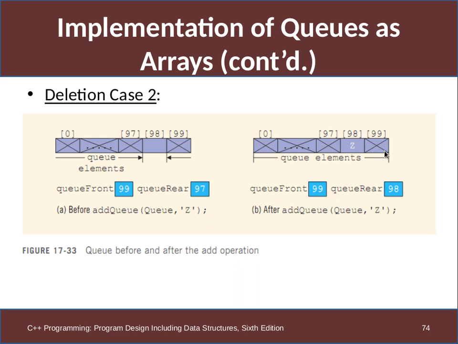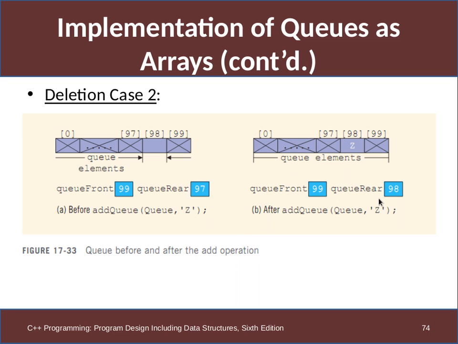Right, so that's the deletion case I just told you. What if the whole thing is full and now you have to update the variables? All right, so if the whole thing's full and you want to decrement Z, then yeah, the front would go to 98 and the rear would still stay at 98.